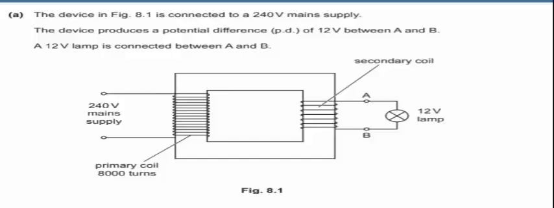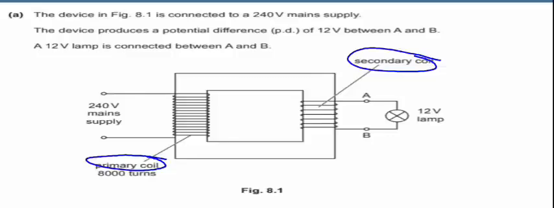It has what we call the primary coil and also the secondary coil. Usually the primary coil is called the input side, where the voltage is being inputted. Then the secondary coil is the output.